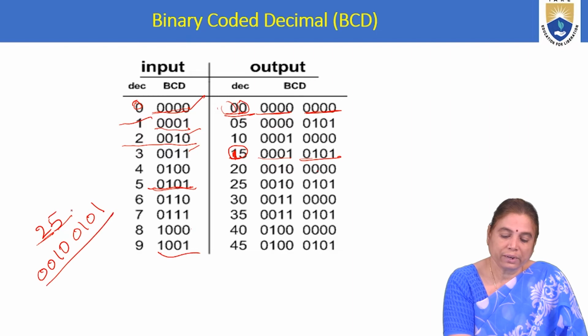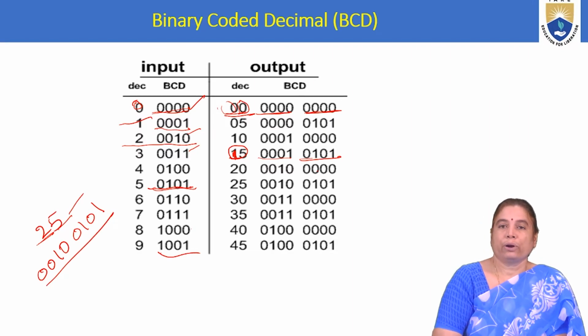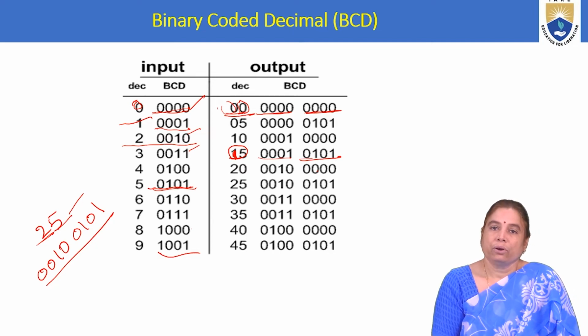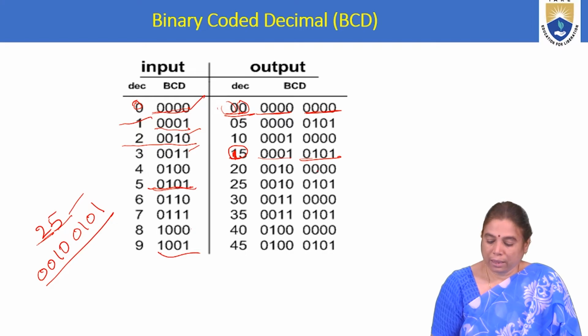So this is the BCD of 25. In this way, binary coded decimal can be used to represent numbers. So the numbers can be represented by using the number system or with the help of BCD. Now, how can characters and special symbols be represented?